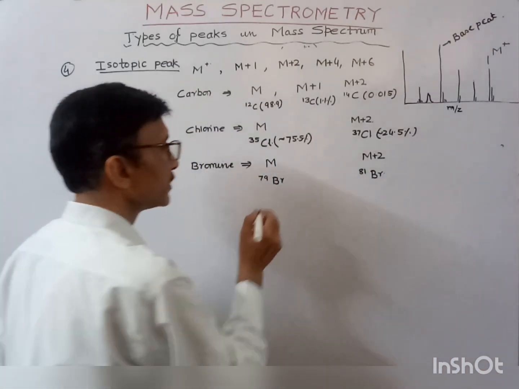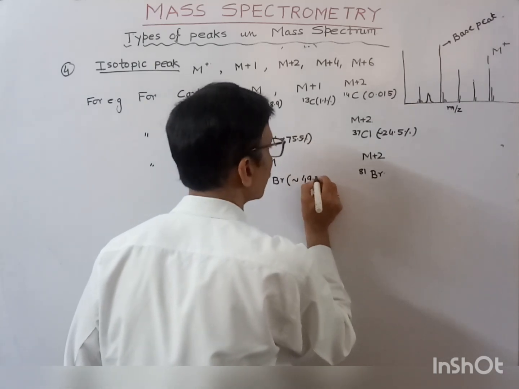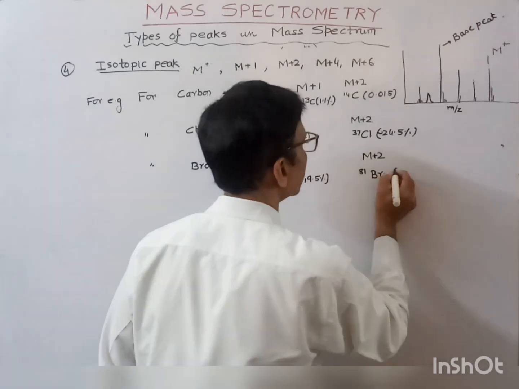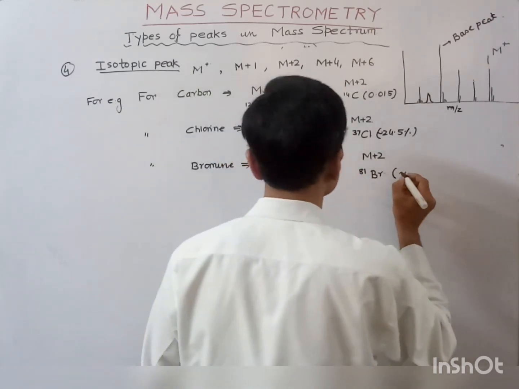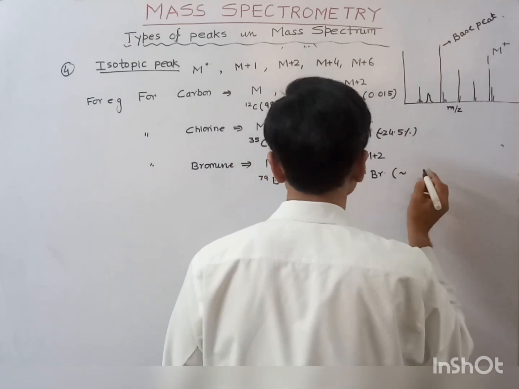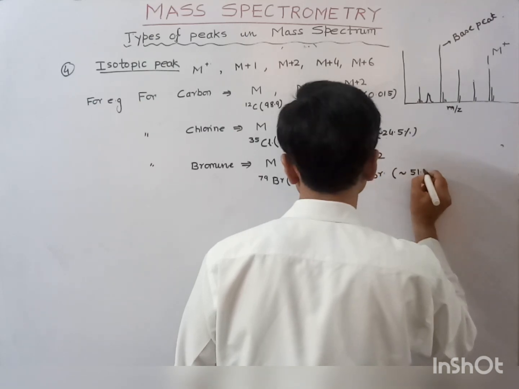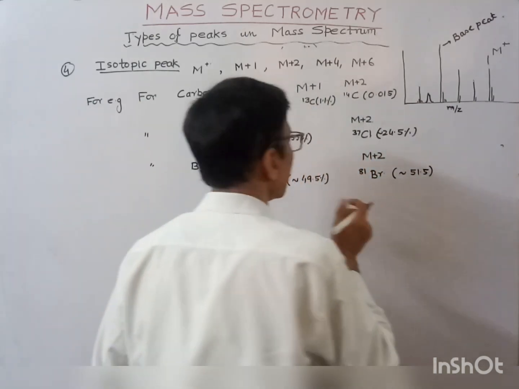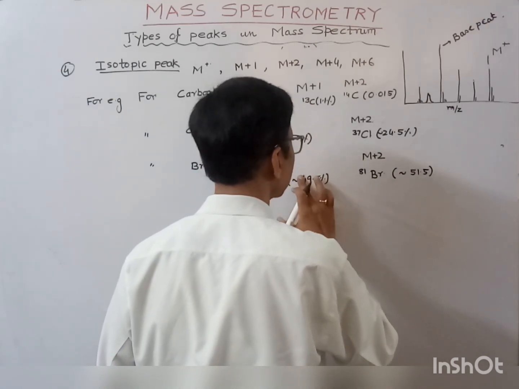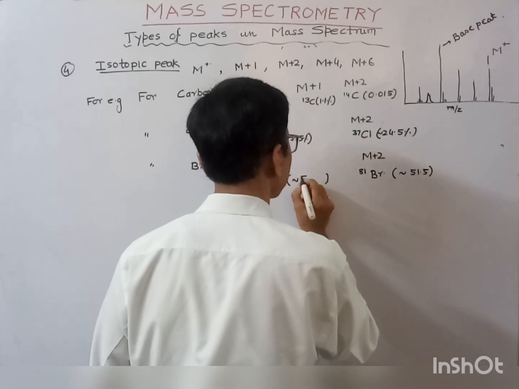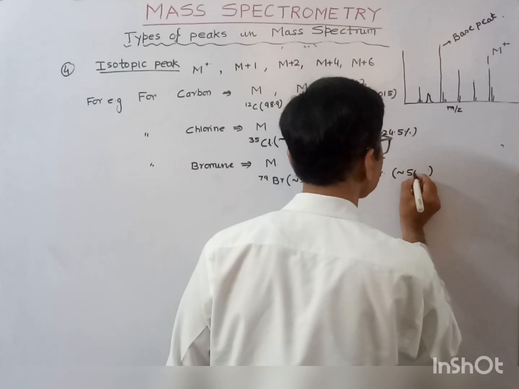If you see the relative abundance for this, it is around 49.5% for one, and the rest for the other, that is a 1:1 ratio, around 50% this, 50% this.